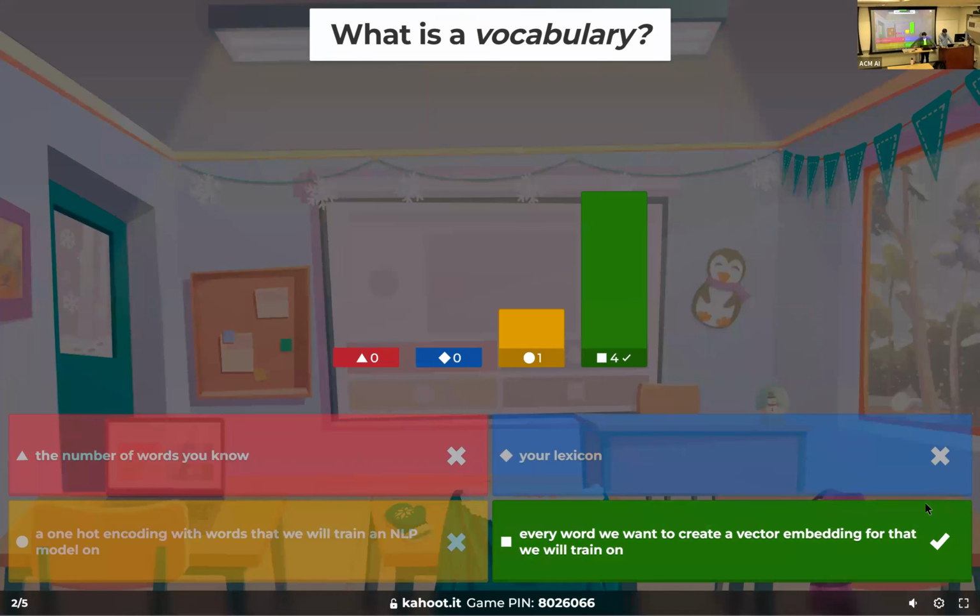Okay. So the solution is every word that we want to create a vector embedding for, that we'll train on. Again, the number of words in your lexicon doesn't really matter. What really matters, in the case of vocabulary, in the case of actually training natural language processing models, is the actual words that we are going to be feeding into the model. Again, it doesn't have to be text data. Let's say we're trying to do something with IPA or symbols, right? We can just have 50 symbols and that's all we're dealing with.